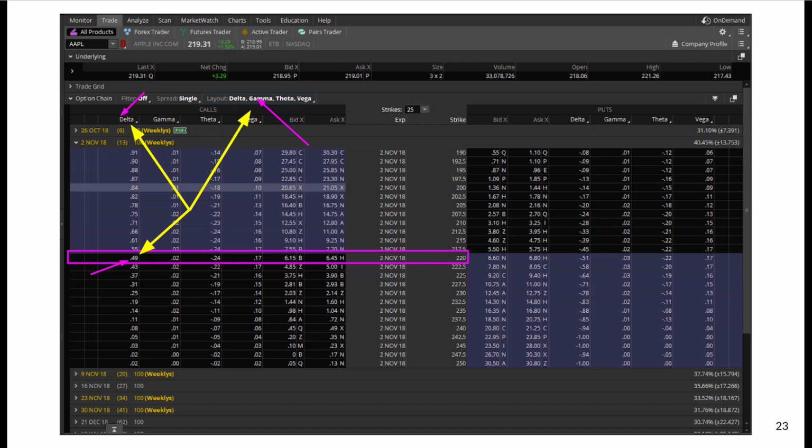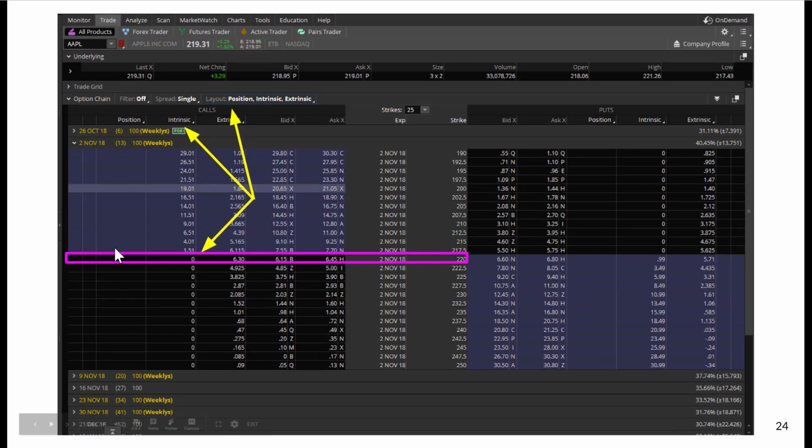The next slide will once again show you at the top you can change the layout structure, and this will show you the intrinsic and extrinsic value of the option. Like I mentioned, the at the money strike is not going to have any intrinsic value, but as I mentioned just a moment ago, if you're buying options, whether that's a call or a put, more times than not you want to be buying in the money if you're buying straight out.